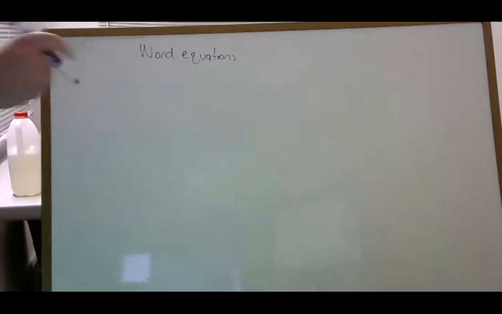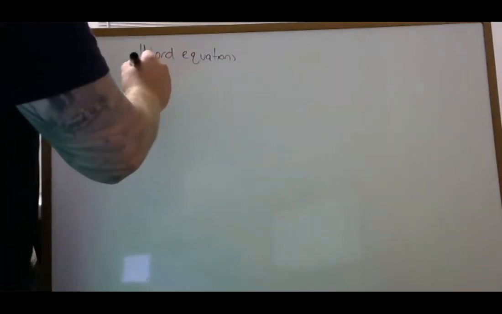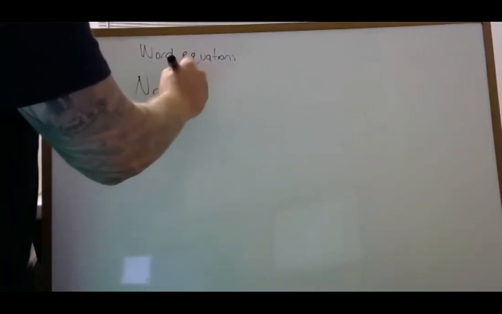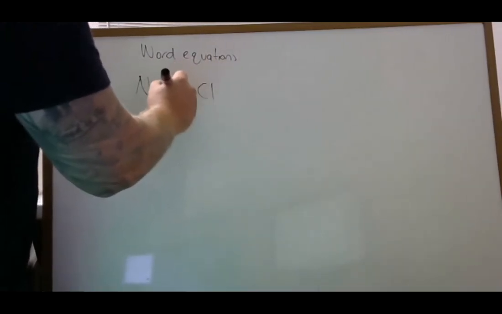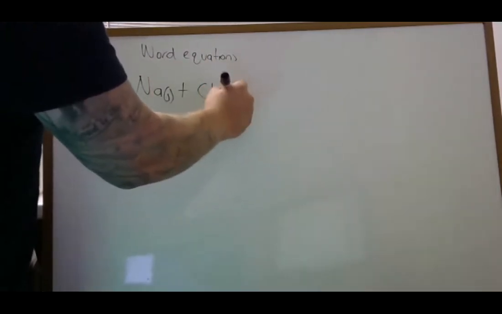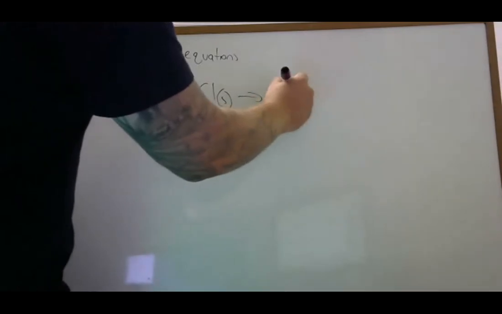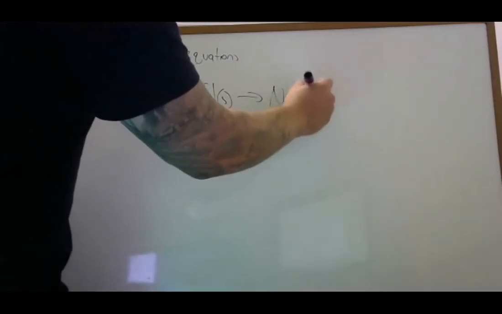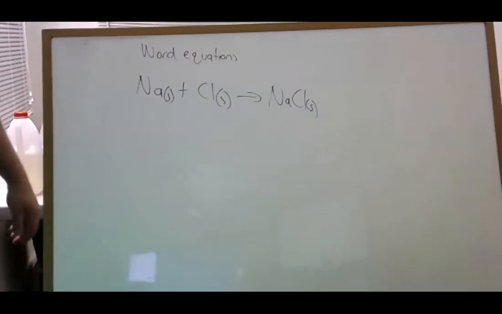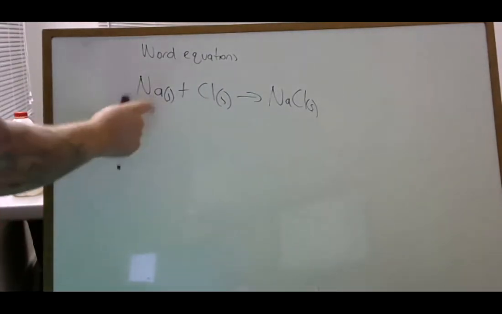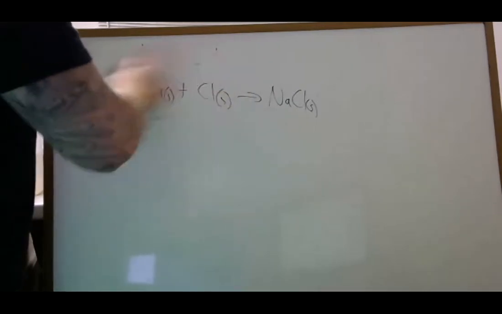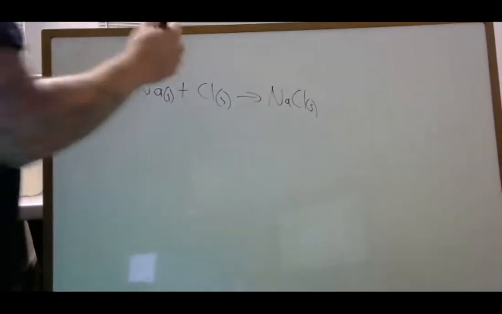So Na plus Cl solid yields 1 mole of sodium chloride salt. This is what we call now the skeleton equation.